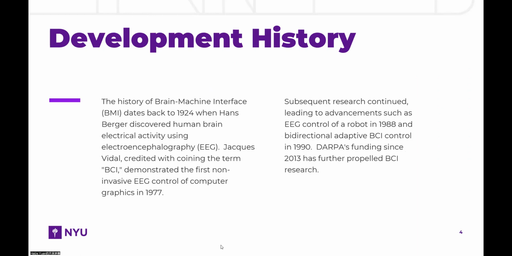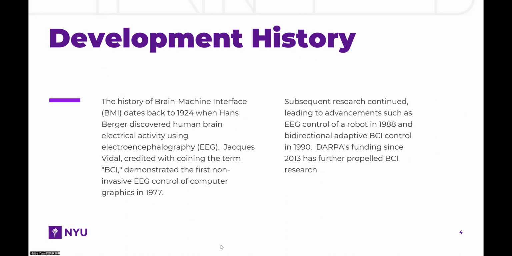The second way is development history. The history of BMI dates back to 1924 when Hans discovered the human brain electrical activity using EEG. Vidal coined the term BCI and demonstrated the first non-invasive EEG control of computer graphics in 1977.